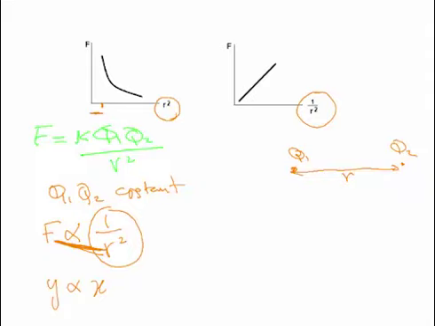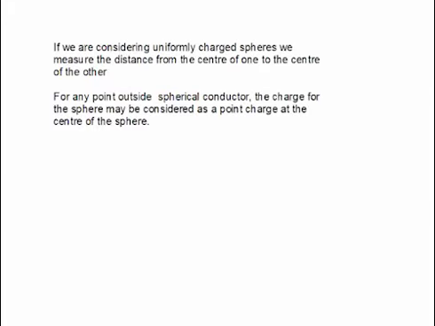Now let's take, as a comment, that we are considering a uniformly charged sphere. The distance here would be from the center of one to the center of the other. If we have a conductor sphere which was charged, of course the charge will distribute itself on the surface of the sphere.